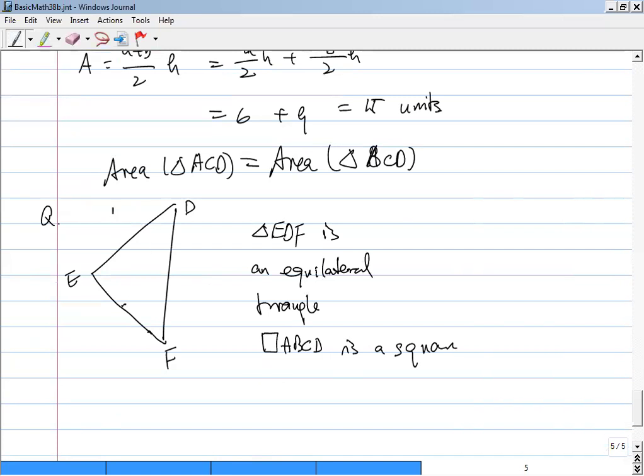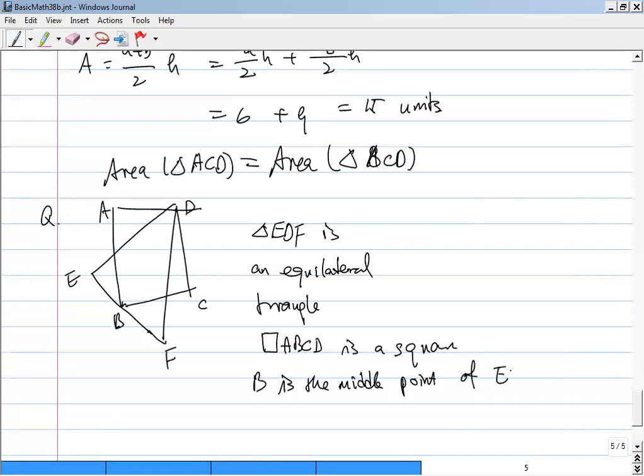Let's draw the square. It looks like that. I did not draw it perfectly. So A, B, C, D. B is the middle point of EF. So what is the ratio of the area of the square ABCD to the area of the triangle?